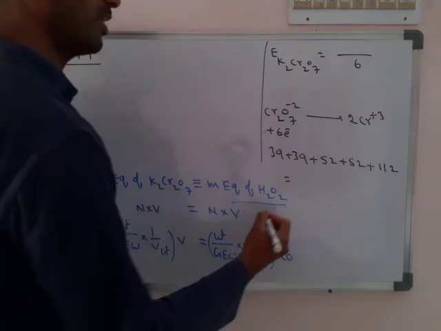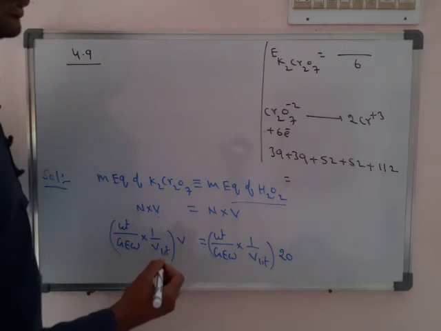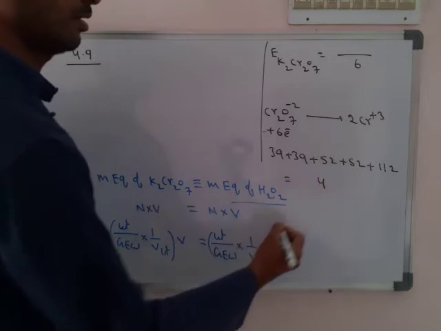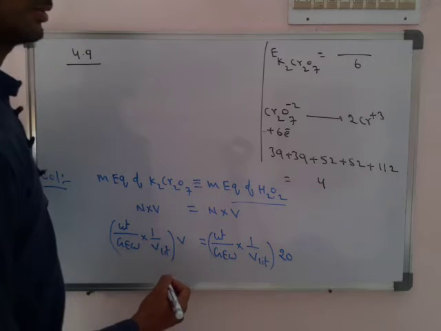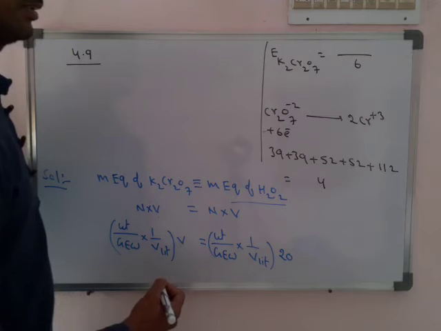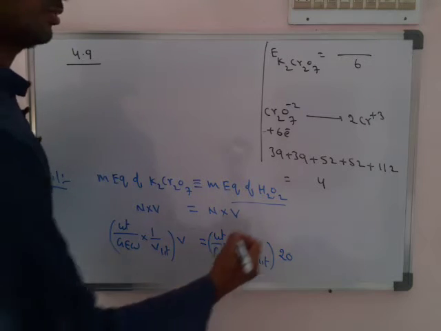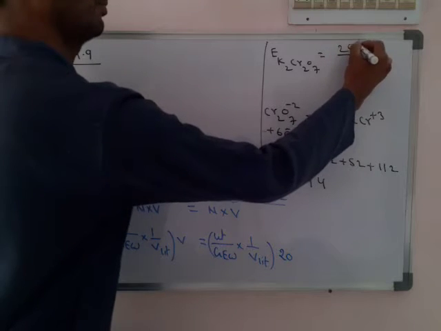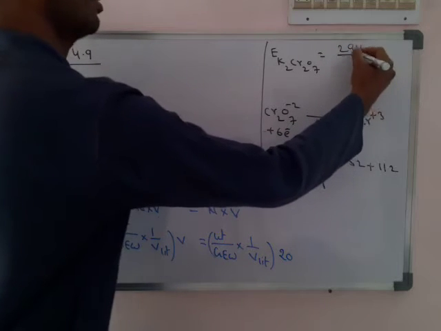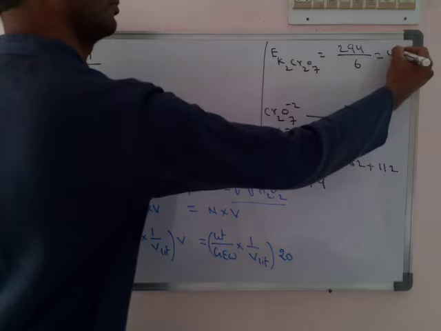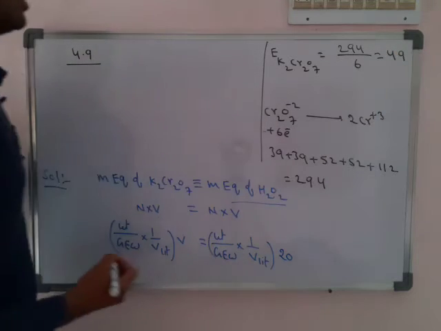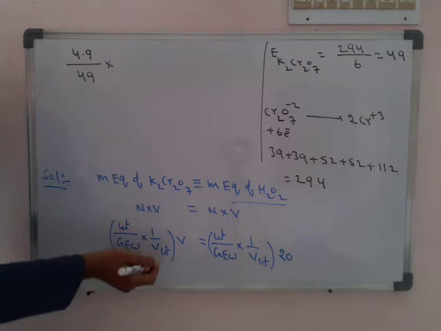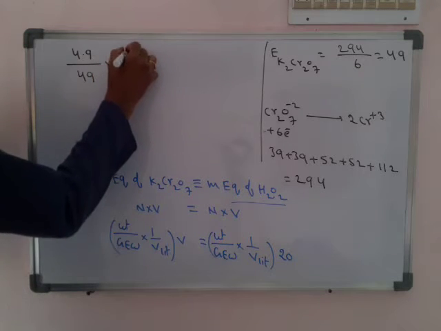So total we get 294. So the equivalent weight of potassium dichromate is 49, into 1 by 1 liter, so no need to write 1 by 1.